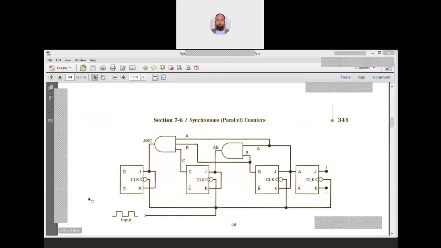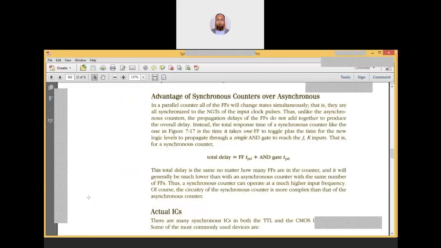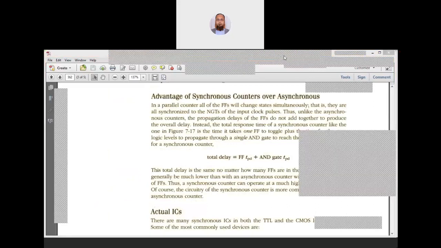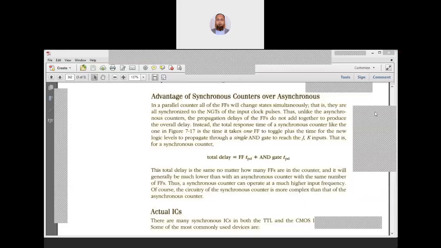What can be the drawback of the synchronous counter? Why should we not use the synchronous counter? What are the negatives? Obviously, you can see the difference: the synchronous counter requires more circuitry.